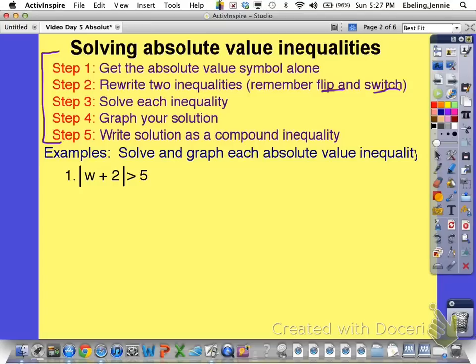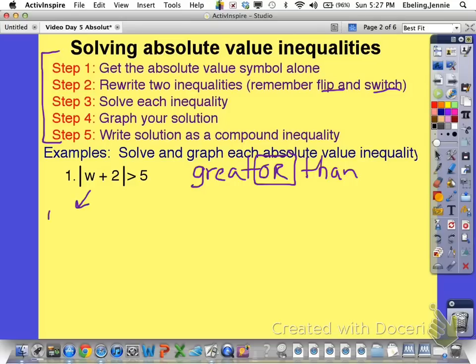So let's take a look at example 1. I read this as the absolute value of w plus 2 is greater than 5. But when you read that greater than symbol, I want you to mispronounce it as "greator than." If you mispronounce it as greator than, you know what word you need to put between your two inequalities when you translate it.